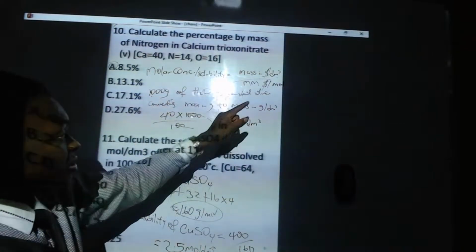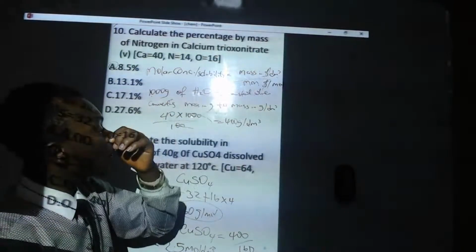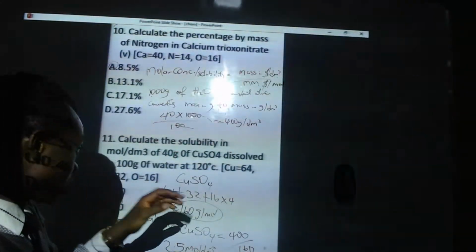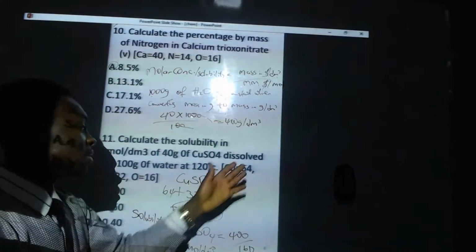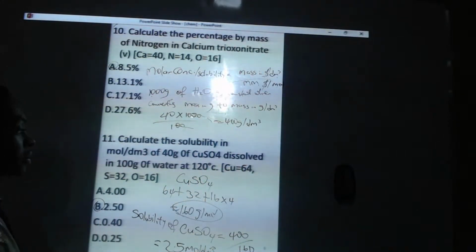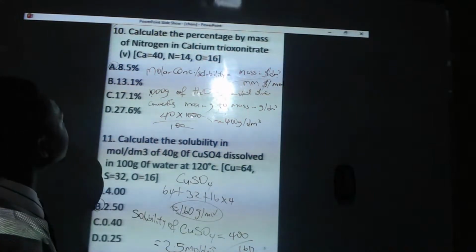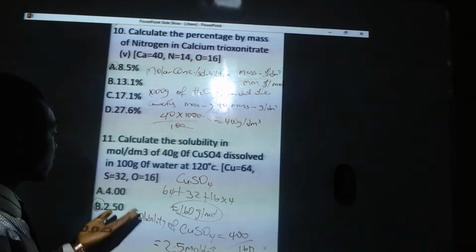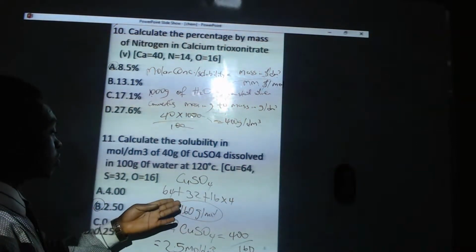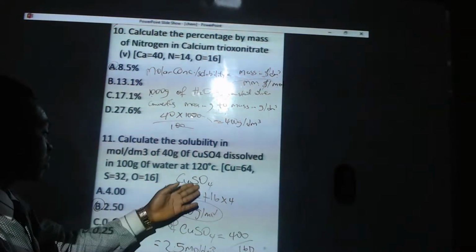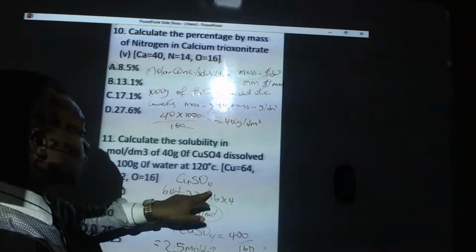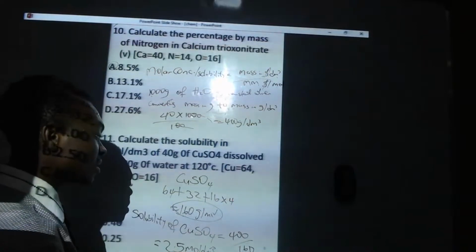After getting that, the next step is to find the molar mass of this compound. Remember, you're given that copper is 64, sulfur is 32, and oxygen is 16. It's very easy. So you do 64, which is your copper, plus 32, which is your sulfur. Your 16 is for O4, so you multiply 16 times 4, which is 64.